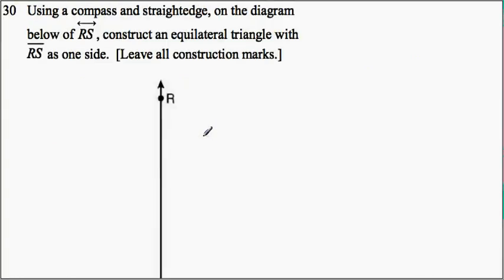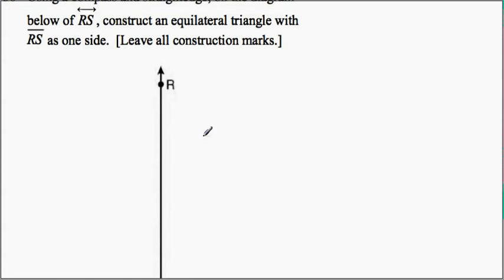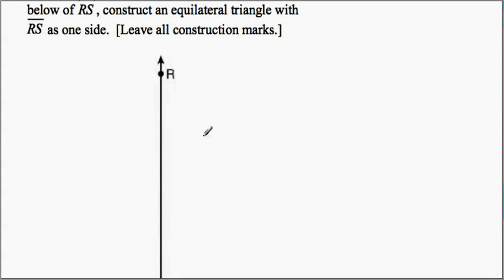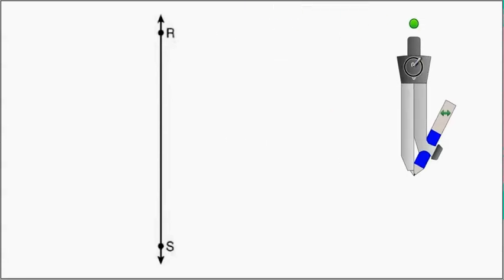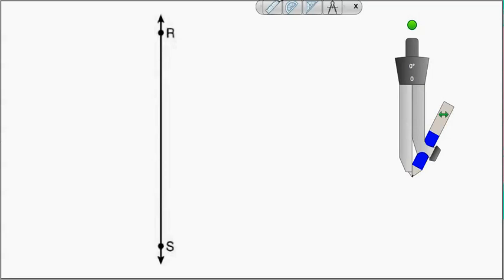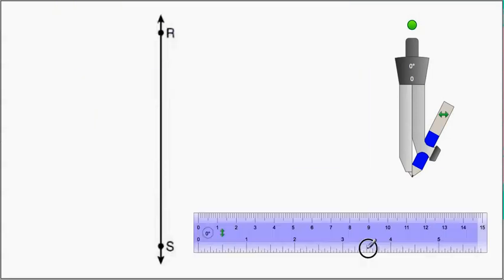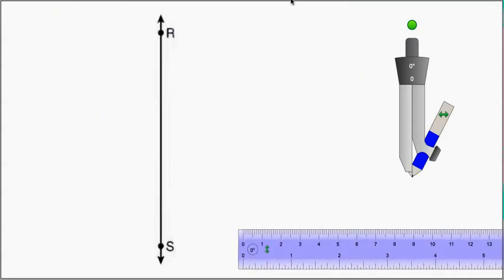All right, let's look at number 30. Using a compass and a straight edge, they want us to construct the equilateral triangle. All right, so what I'm going to do is take out the compass and a ruler. Here it goes.